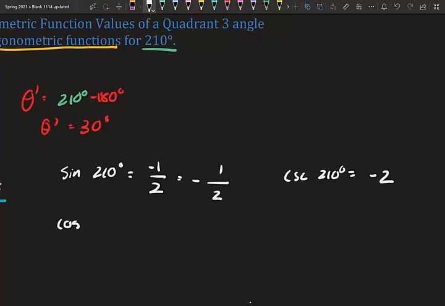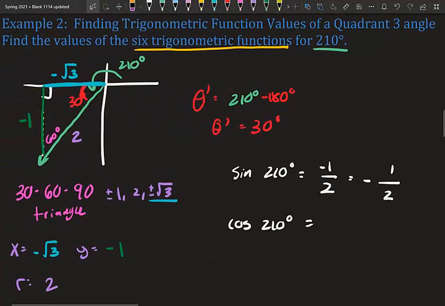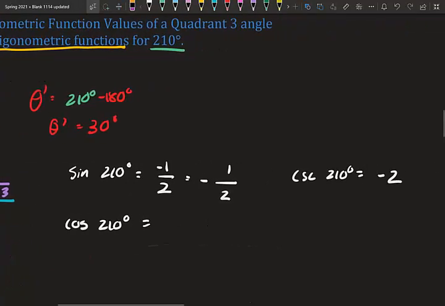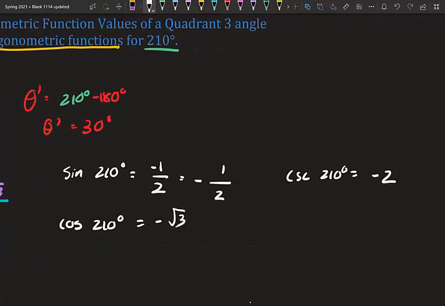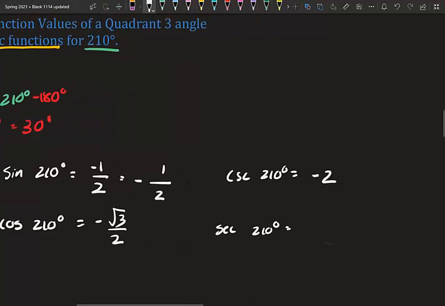Now we have cosine 210 degrees. Cosine is adjacent over hypotenuse, so negative square root of 3 over 2. That's rationalized, so we're good to go. Now, the reciprocal of cosine, we have secant 210 degrees, so we flip it. That means we have 2, sorry, this negative should be in the middle.